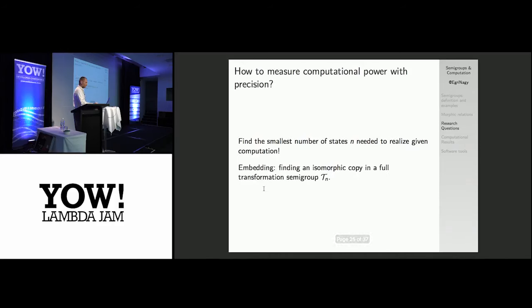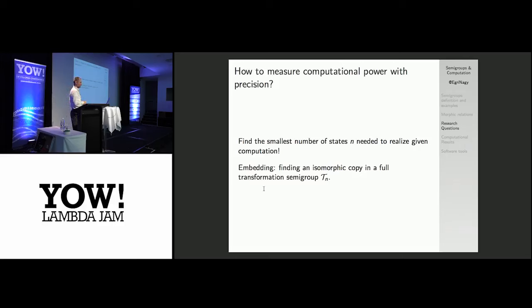Here's another question. How to measure computational power with precision? Well, sure, the crudest measure is whether your device or your language is Turing complete or not. Can it compute everything or not? But what we are trying to do here is a more fine-grained analysis of that.